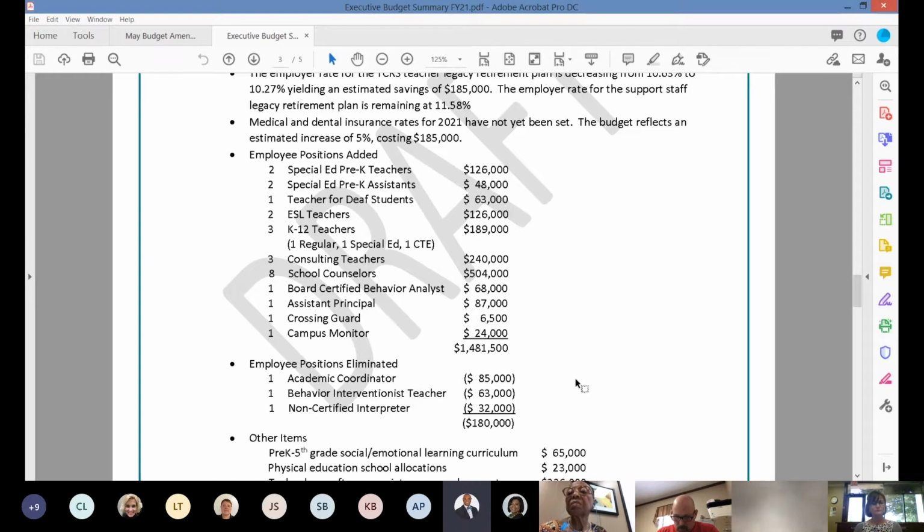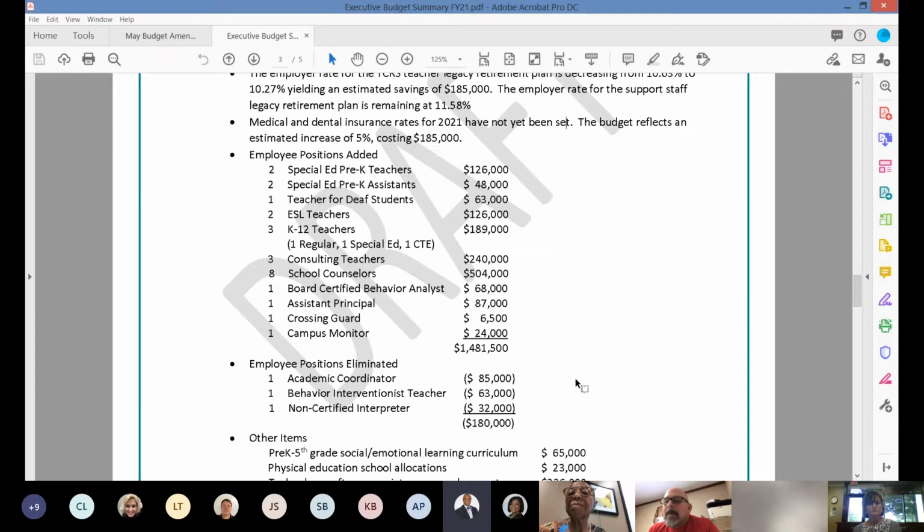So let me make sure, Ray, what I think I heard you say is all these positions that were added are not discretionary. We are required to have these. Yeah, I'll give you an example. You see the SPED assistants and teachers for pre-K that we had to add to our budget. The 3 consulting teachers: we have schools that by state staffing method don't rate assistant principals. So we fill those gaps with consulting teachers because the requirements for evaluations, IEP meetings, and other things continue to grow.